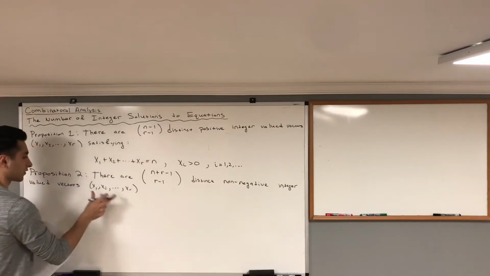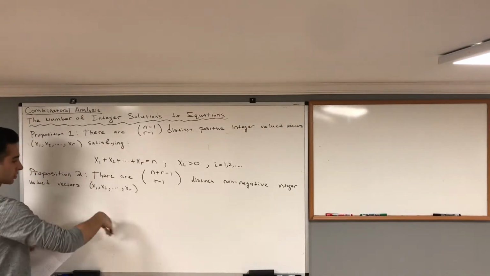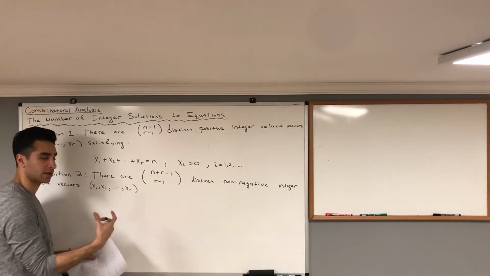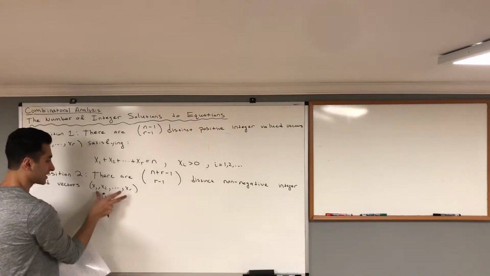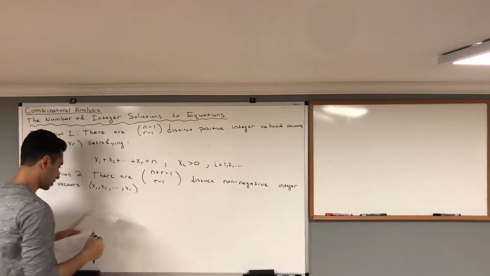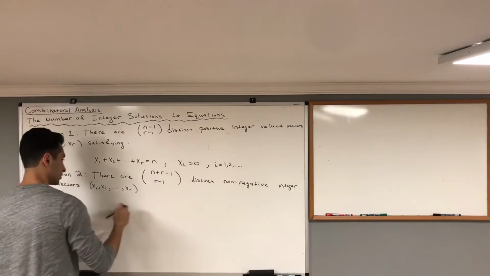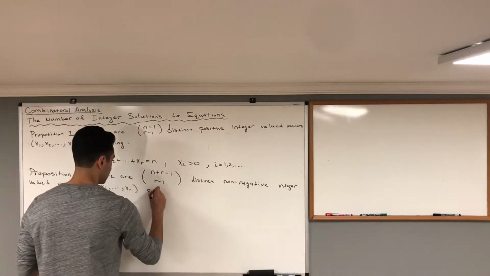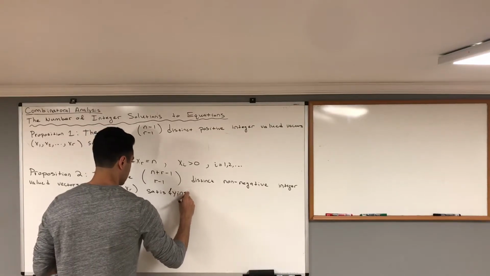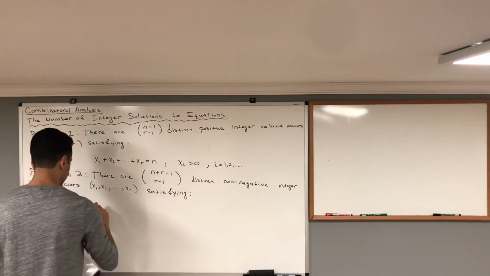This is just the list of numbers that satisfy the equation, which is the same equation. But remember, this is just the list, don't get scared. And what this is counting is the number of lists like this that will satisfy this equation. So this list satisfying the following equation. So it's the same equation, right?